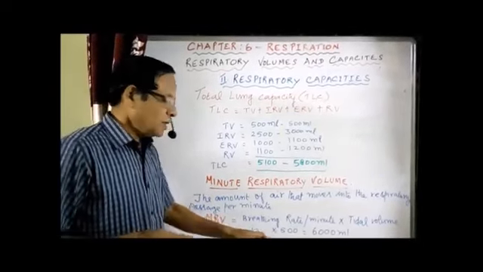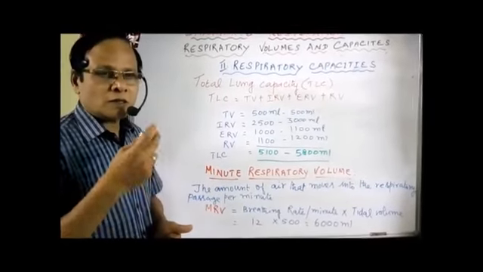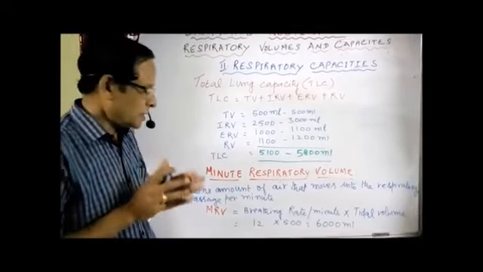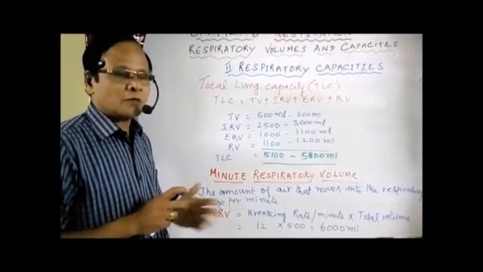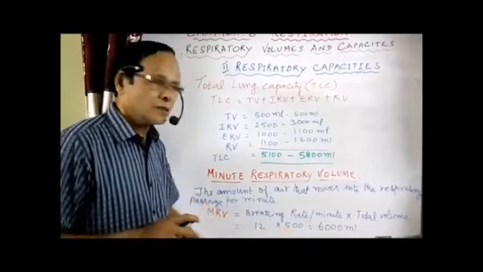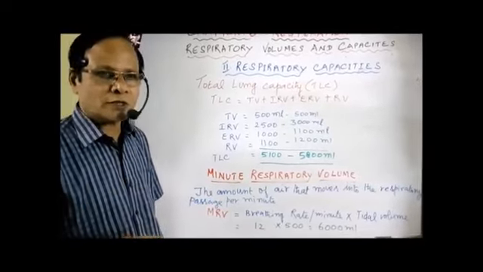Then in a minute, the air is moving in and out, 500 ml each time. In a minute, that is a volume of air of 500 ml multiplied by 12, because in each inspiration and expiration we have 500. One breathing cycle is one inspiration and one expiration together.